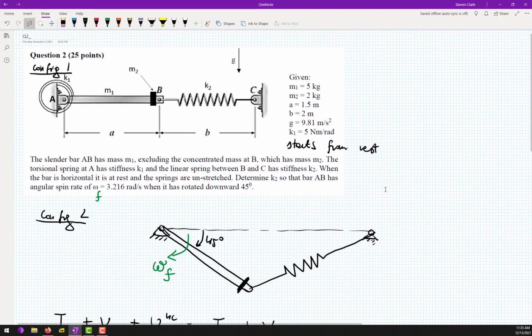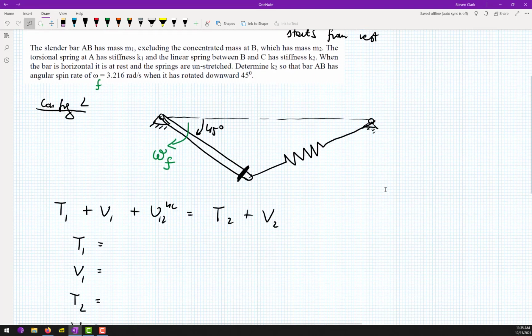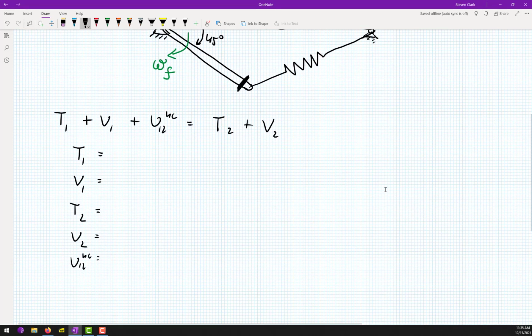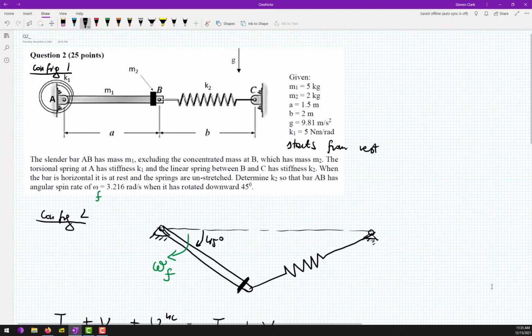I believe that the system starts from rest, so we can write 0 in here. Oh, and before we start, configuration 1 is presented here, and configuration 2 is just drawn by me here.